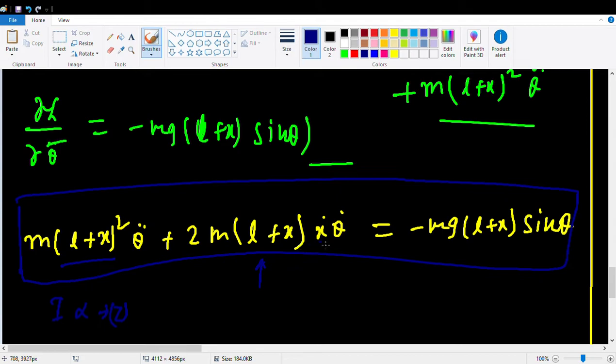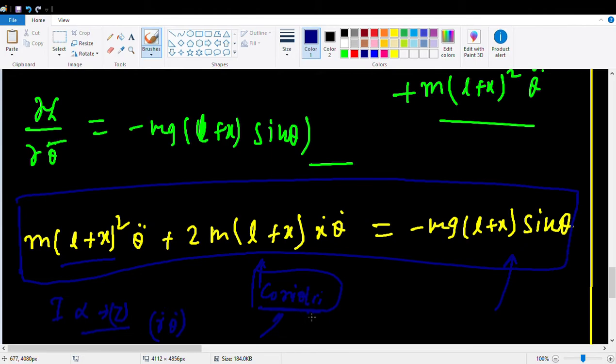This is x dot theta dot. Now you remember, x dot theta dot appears where? R dot theta dot. I have described that this corresponds to Coriolis acceleration or Coriolis force. Now it is like the simple pendulum mgr sine theta. For a small angle it is going to have a theta. So you see in angular terms there is a torque, also angular acceleration, and also a Coriolis force.